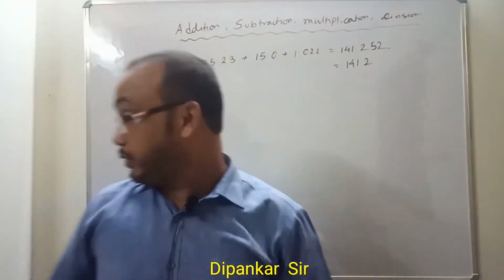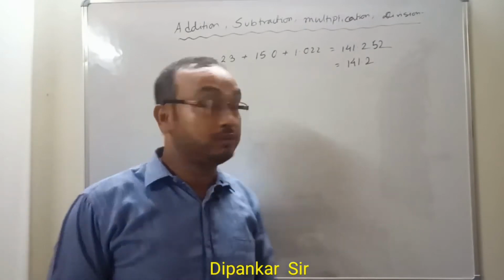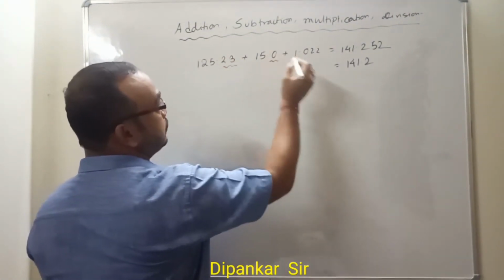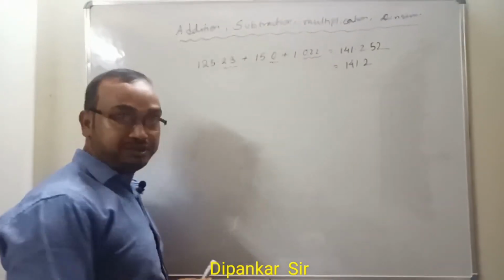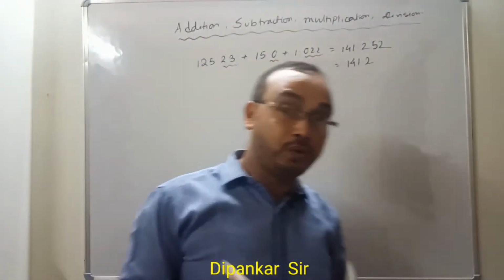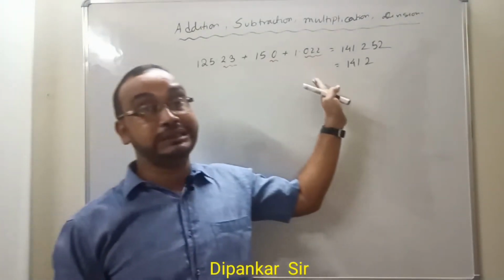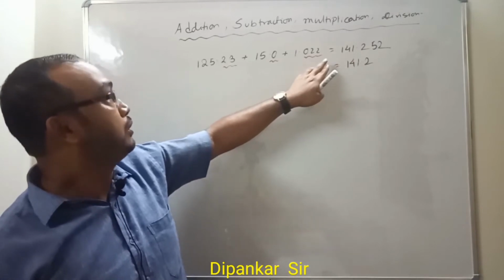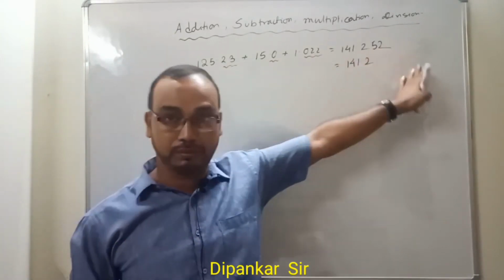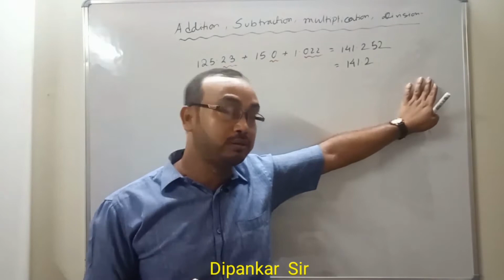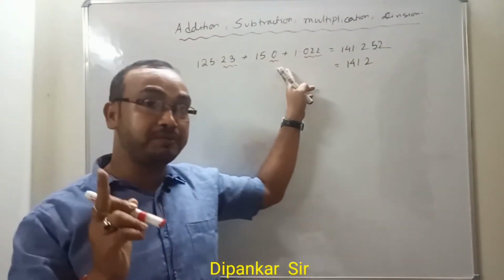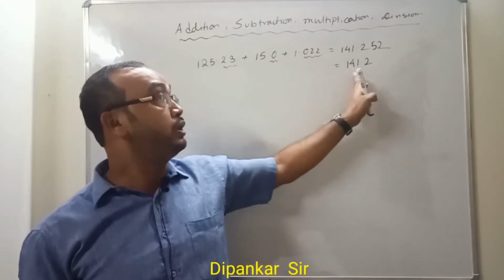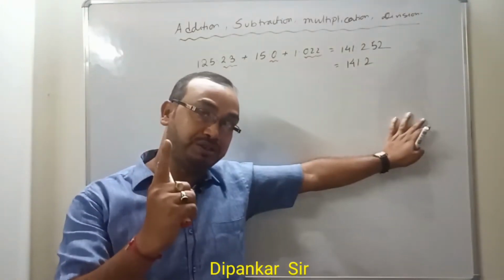Now we have to see the digits after the decimal: here 2 digits, here 1 digit, here 3 digits. When we add these 3 numbers, we get 41.252. But since the least number of digits after the decimal is 1, the answer should be 41.3, with 1 digit after the decimal.